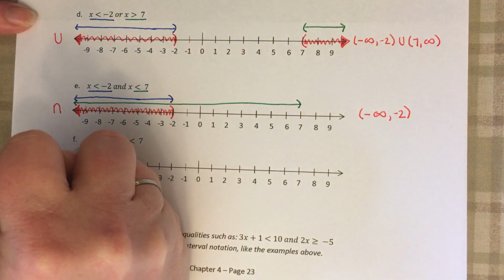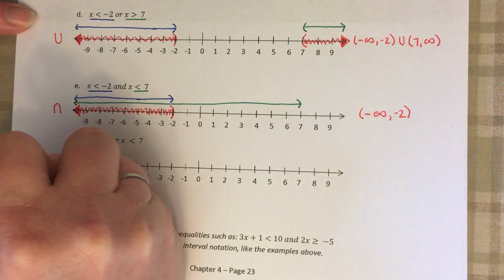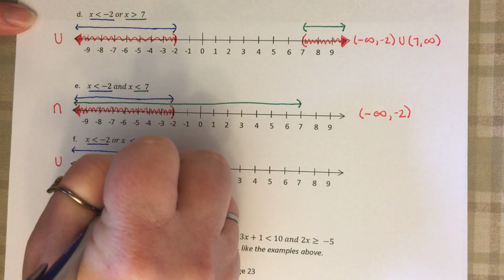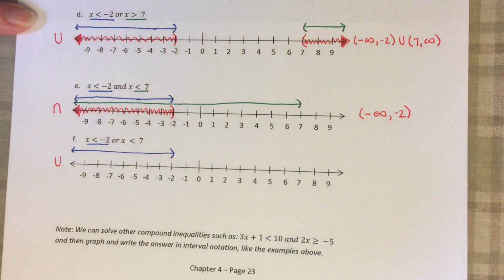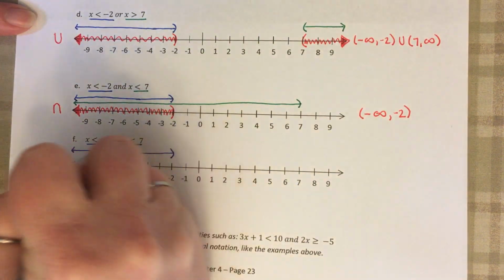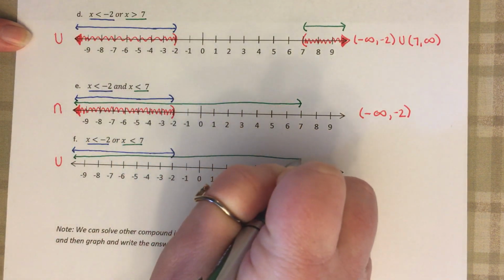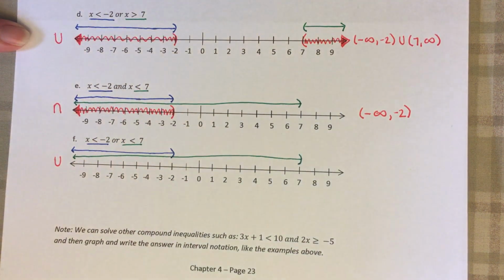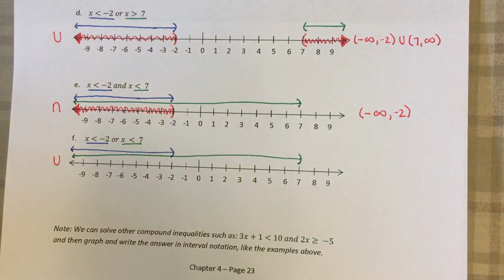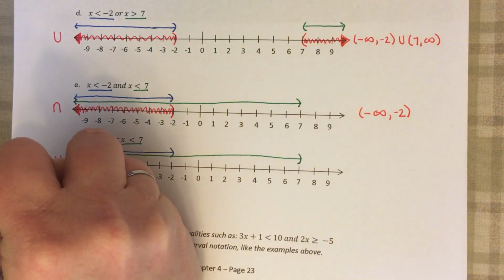Now we use the same statements, only or. So there's our x is less than -2, or x is less than 7. Now we want or, so we don't want just this portion on the end where they overlap.